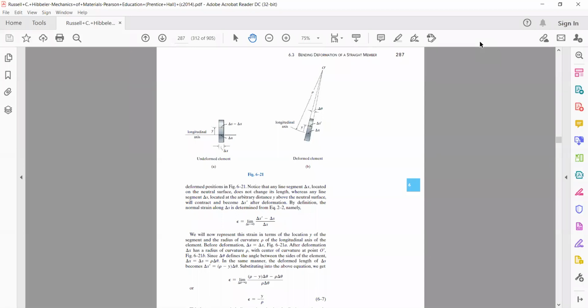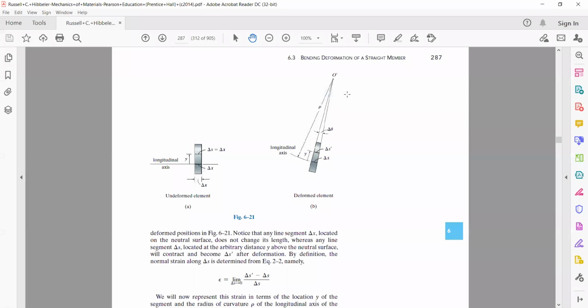In the last class, we were talking about the deformation of the beams, in terms of the stresses or the strains produced at a given section of the beam, or at a given plane of the beam whose distance from the neutral axis was specified.